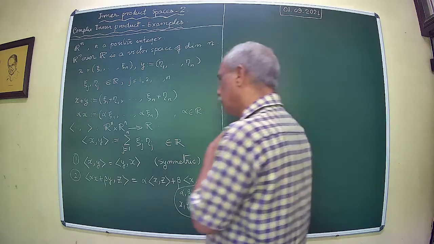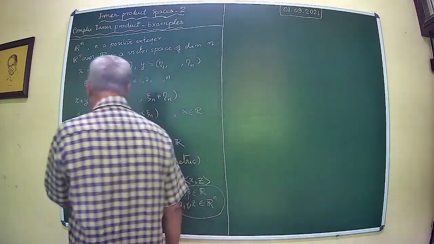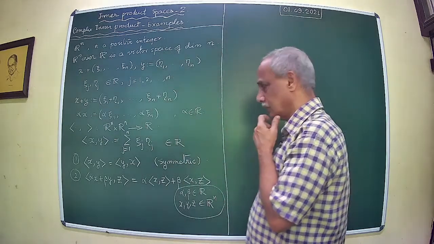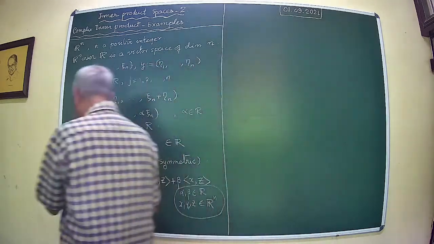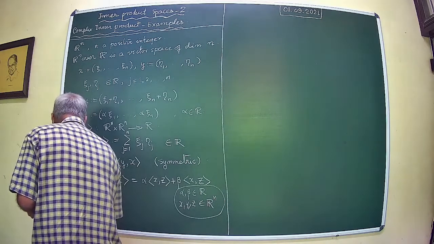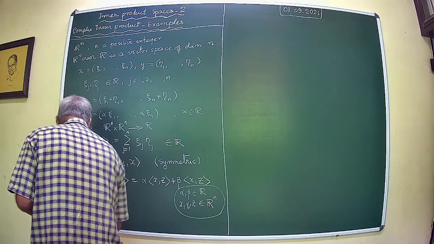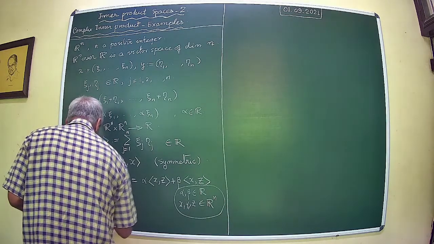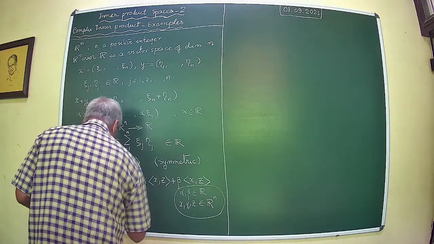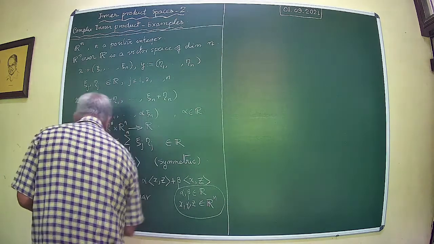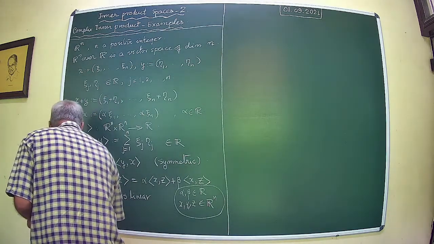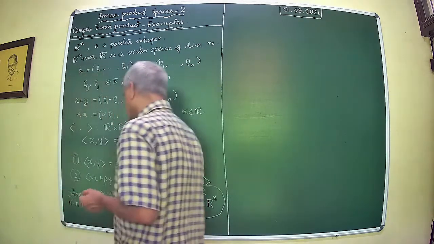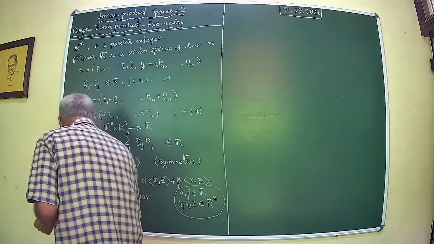Now from this it will follow that it is also linear with respect to the second variable. Okay, so you can show that. The second variable.